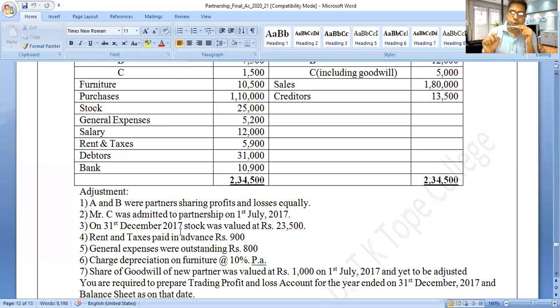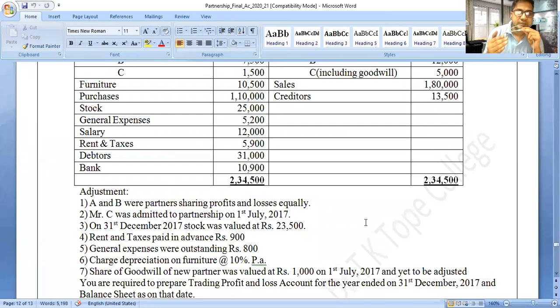So we are going to learn what kinds of treatments we have to do for admission. These things you have to keep in mind. We have to consider the treatment regarding the admission of the new partner C, and various kinds of information are provided.